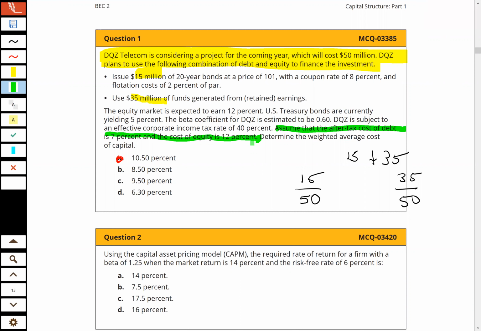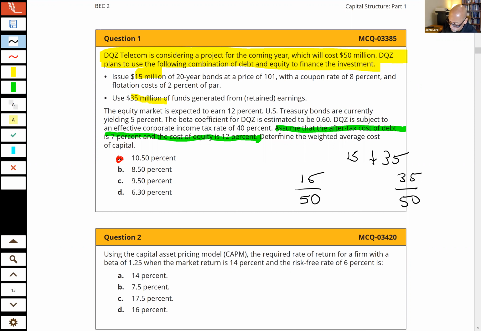It's 30% times 7%, and then 70% times 12%, right? Well, if it's 1 minus the tax rate that I have to use, and the tax rate is sitting at 70%... but you're already told that the after-tax cost of debt is 7%. Oh, thank you.